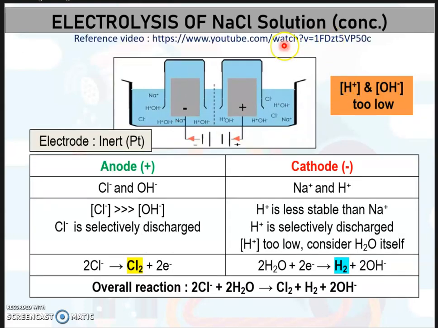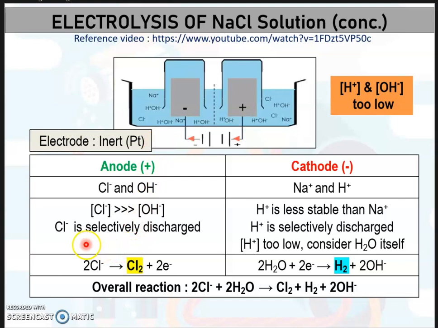For concentrated aqueous sodium chloride, since the hydrogen ion and hydroxide ion concentration is too low, because this is concentrated sodium chloride, we have more sodium and chloride ions.